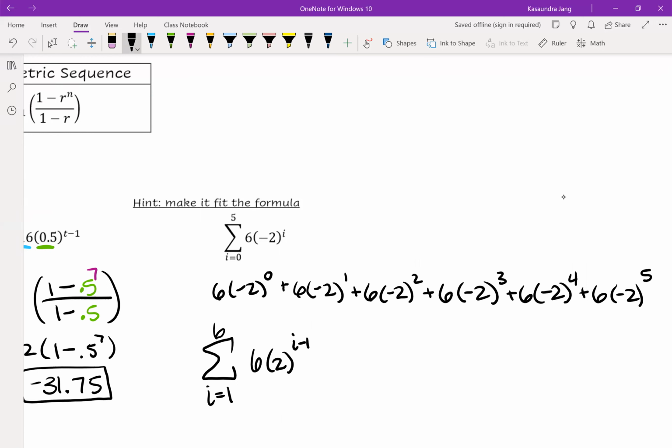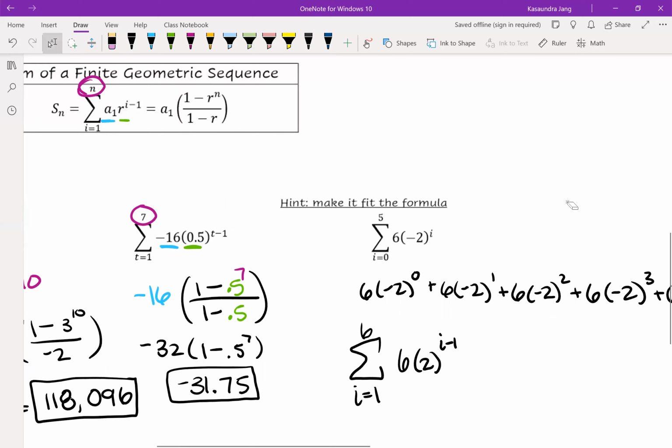I end with a 6 minus 1. All right, so I think it would give me the same list. Check it out, but I should get the same list here all added up. And then that now fits the formula up here. I can do the 3 pieces I need, the N, the A1, and the R. So I can put that into the formula now.